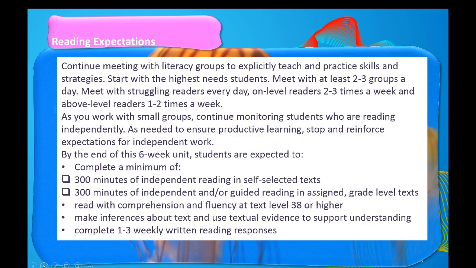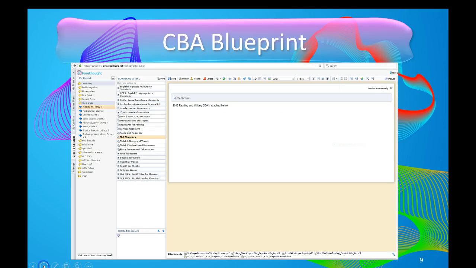Make sure there are expectations for their independent work toward reading independently every day: 300 minutes of independent reading in self-selected text, 300 minutes of independent or guided reading in assigned grade level text. Make sure they're reading with comprehension and fluency, and making inferences about text using textual evidence to support understanding. And you need to be completing 1 to 3 weekly written responses with your kids.